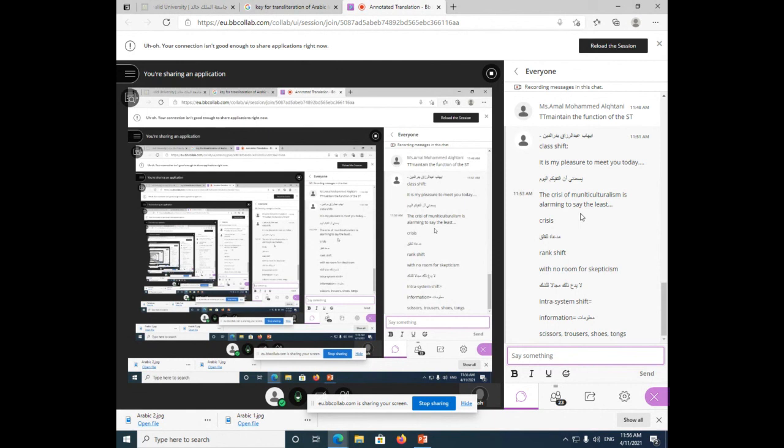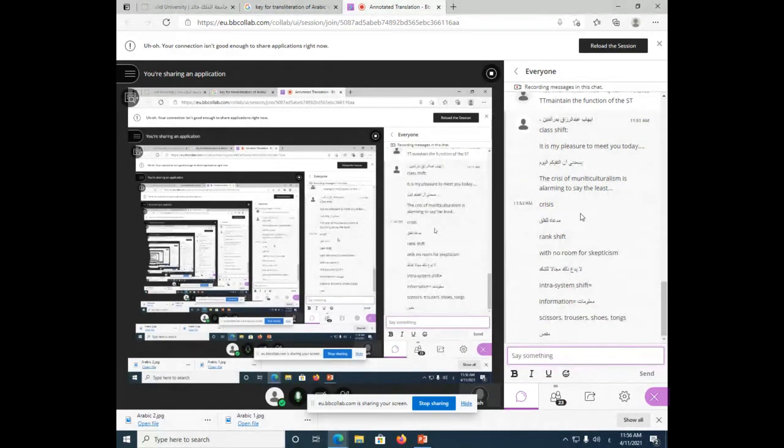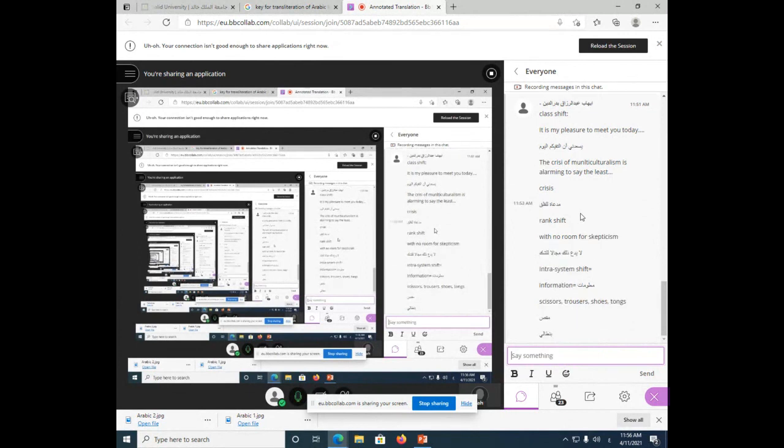We don't say "my shoes is." My trousers are blue jeans. My scissors are sharp, رغم انه واحد. But in Arabic we say مقص, we use the singular. بنطالي، حذائي، ملقطي. So this is called intra-system shift. Okay? Any question?